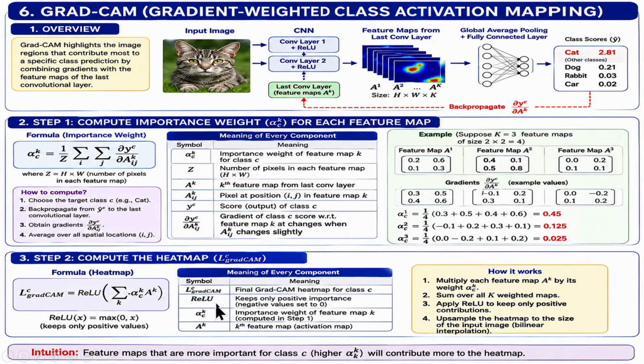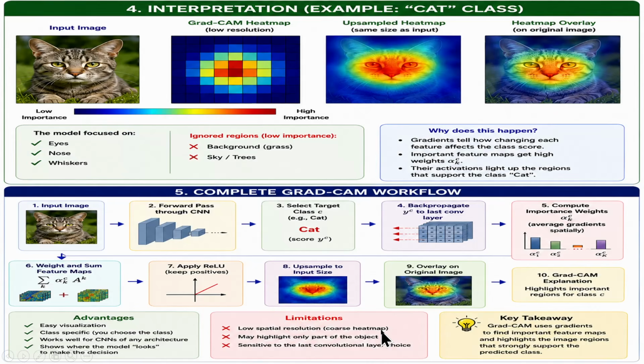And you take the summation for every feature map. K means K number of feature maps. If you have 10 feature maps, you perform this operation 10 times. If you have 5, you perform for 5. And ReLU means it passes only the positive values. And then here we get the heat map. Feature maps that are more important for class C will contribute more to the heat map. This is the intuition. Let us look at it numerically.